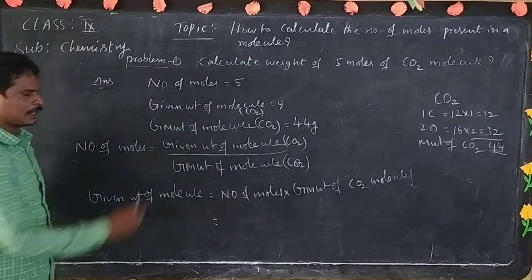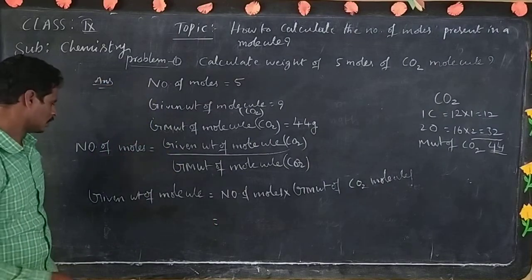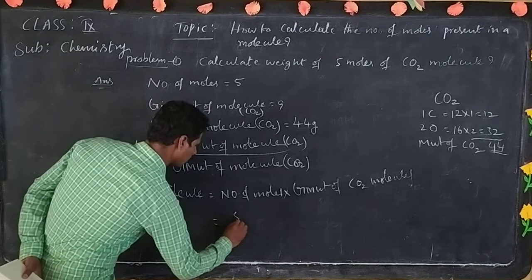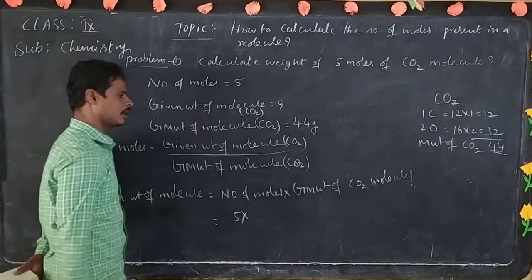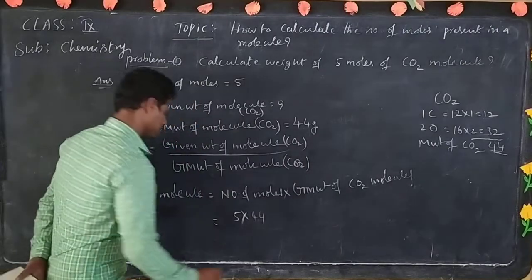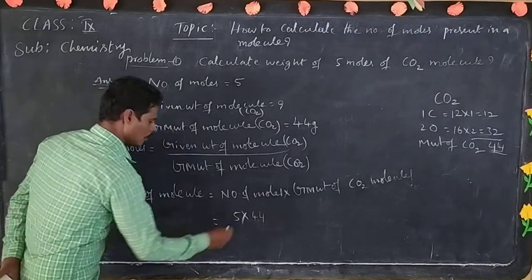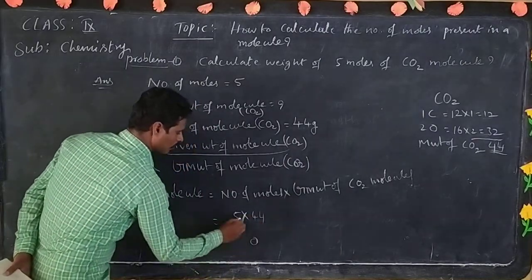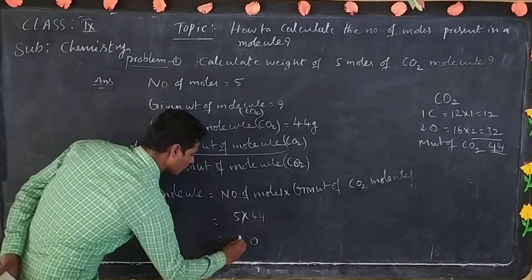Now we supply the values in the formula and get the result. Number of moles equal to 5. What is the gram molecular weight of carbon dioxide molecule? 44. Now 5 4s are 20, 5 4s are 20 plus 2.